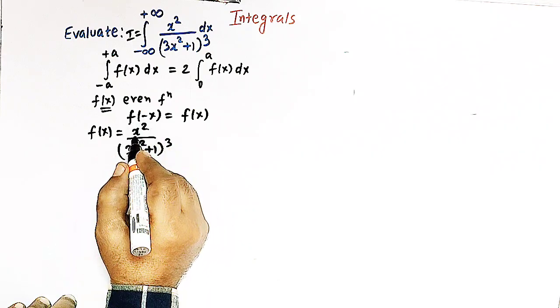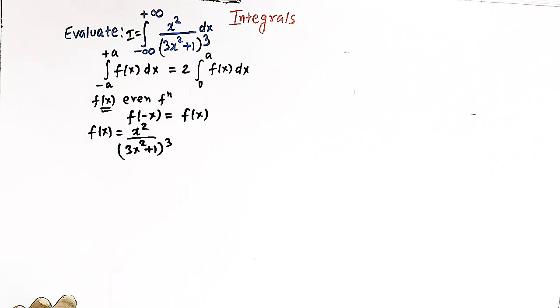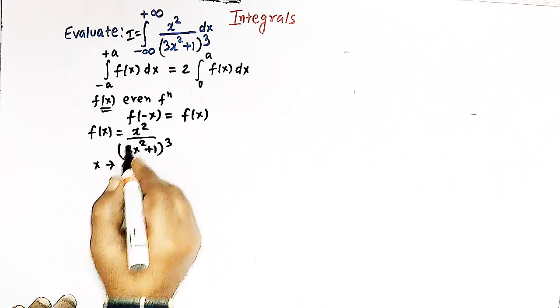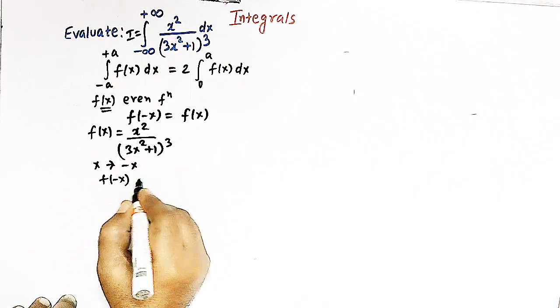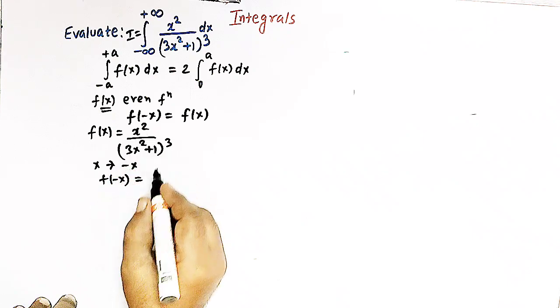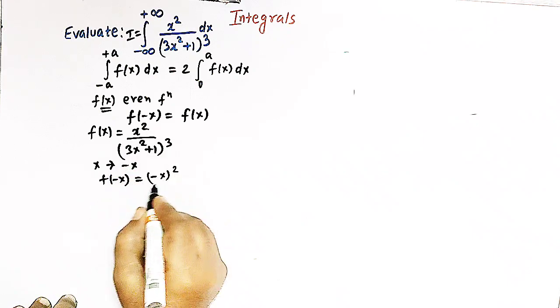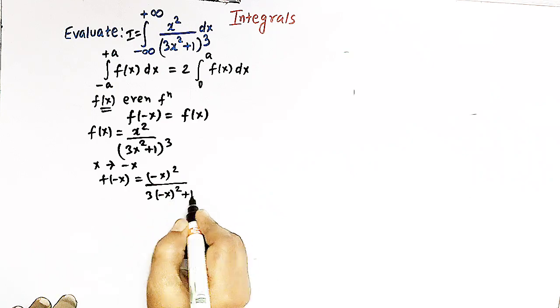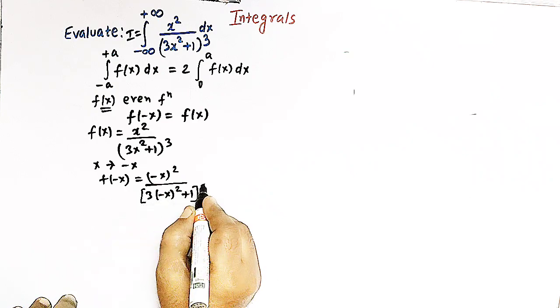And this function is an even function, which we can see easily by replacing x by minus x. So f of minus x is given by minus x square over (3 times minus x square plus 1) cube.